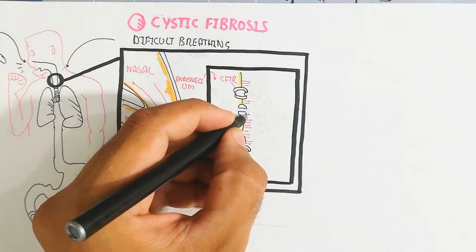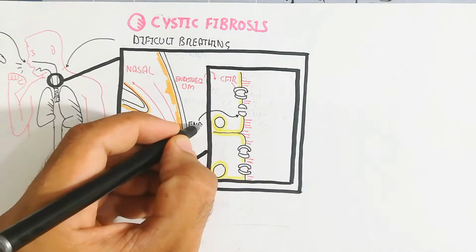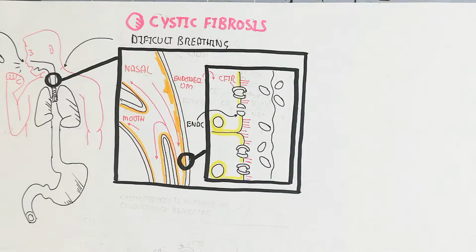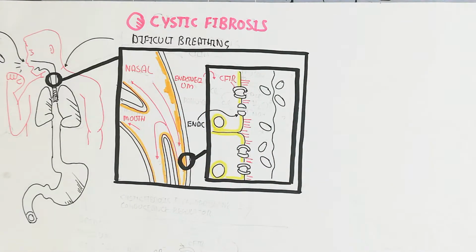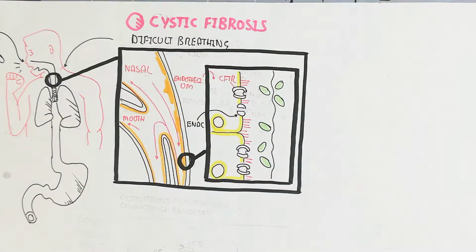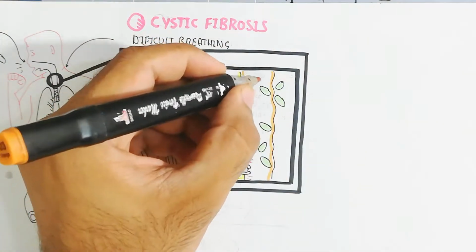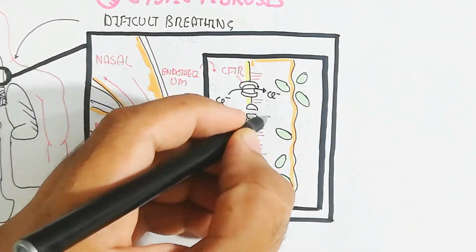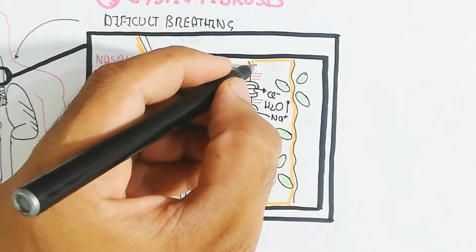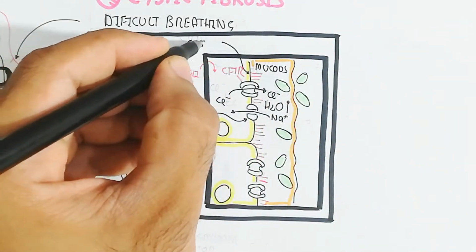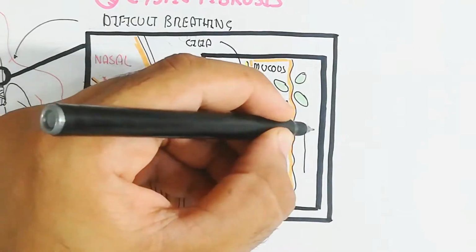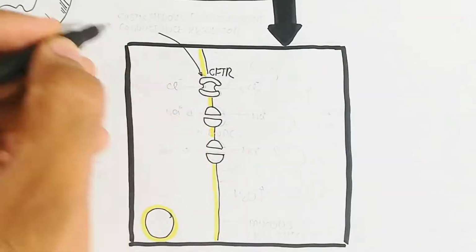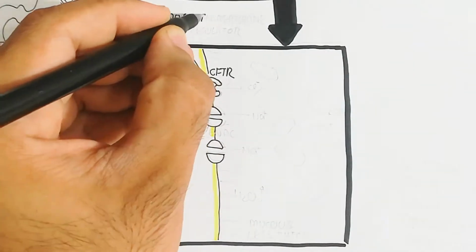The CFTR is the cystic fibrosis transmembrane conductance regulator, which allows chloride ions to move out and sodium to move inside, balancing the water in the mucous membrane so that ciliary movement is easy, since the mucus does not contain too much water. The cilia sweep out the pathogens. So let's begin to understand.